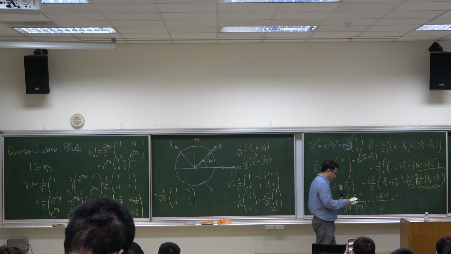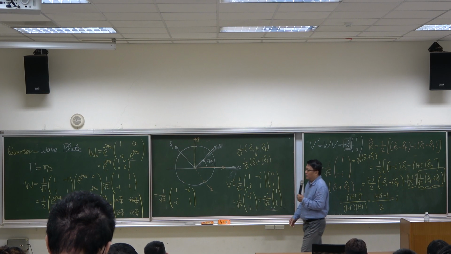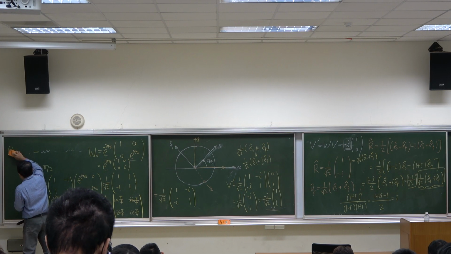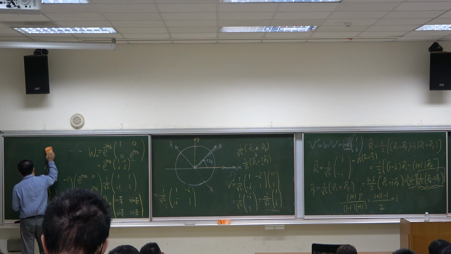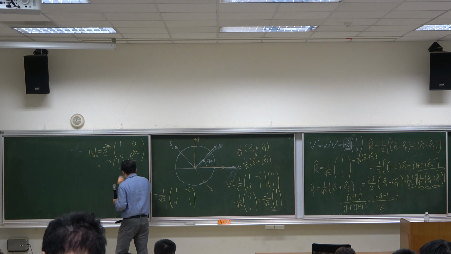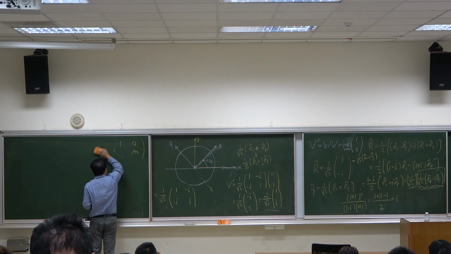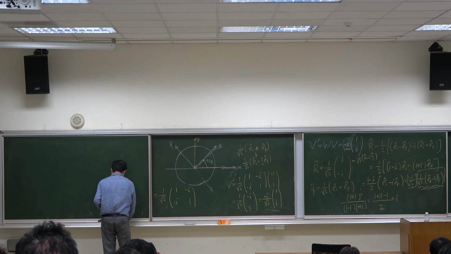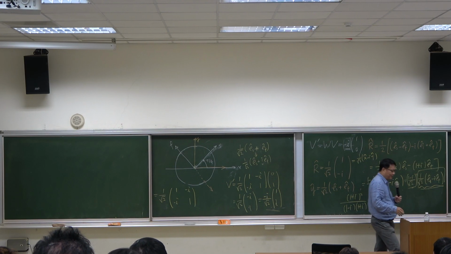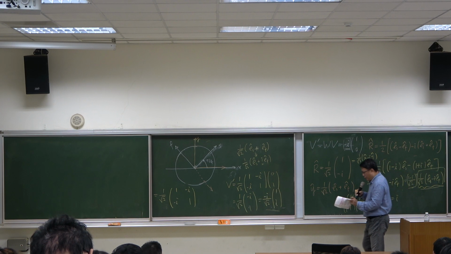So this is quite easy to understand. So now we want to consider the combination of wave plate and polarizers.